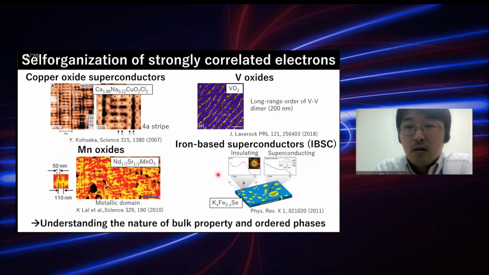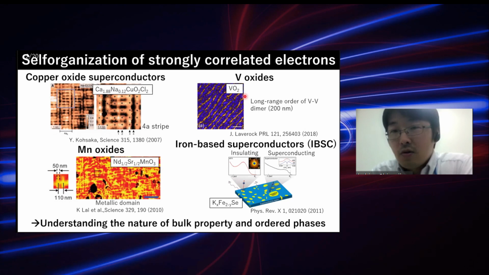And as you know, strongly correlated electrons can exhibit self-organization behavior, as seen in the atomic-scale stripes in copper oxide superconductors, the metallic domains in manganese oxides, and the vanadium dimers in vanadium oxides.